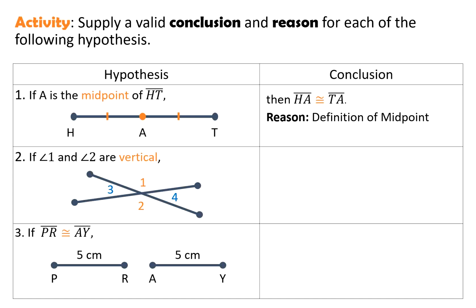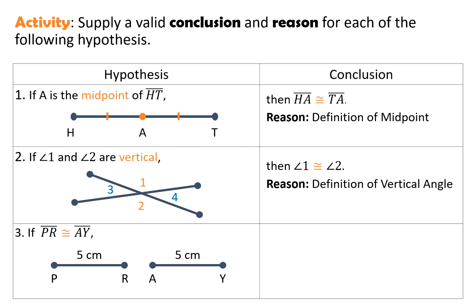Then, angle 1 is congruent to angle 2. True ba yung statement natin? Yes, true. Ano yung reason mo? Definition of vertical angle. Diba, kapag vertical angle, they are always congruent.